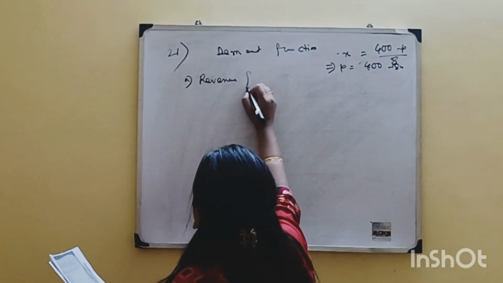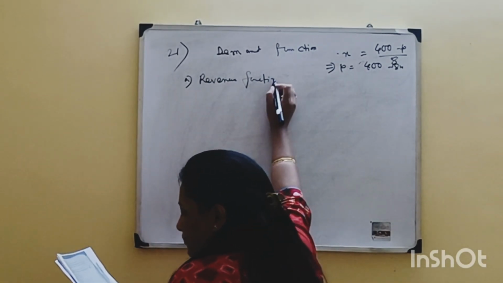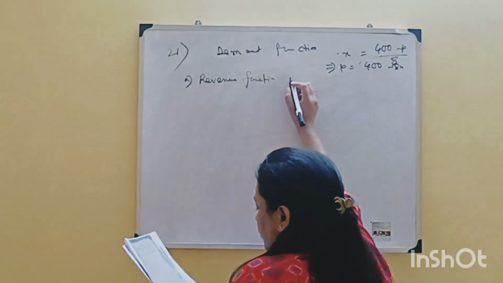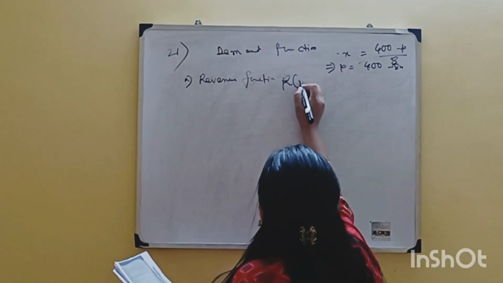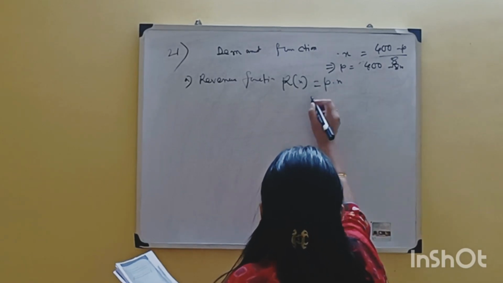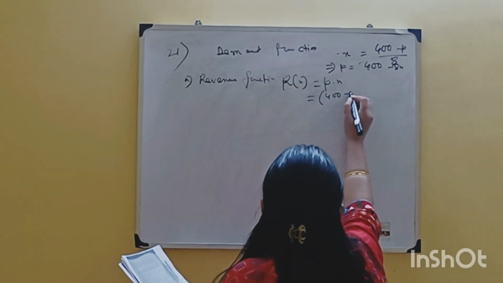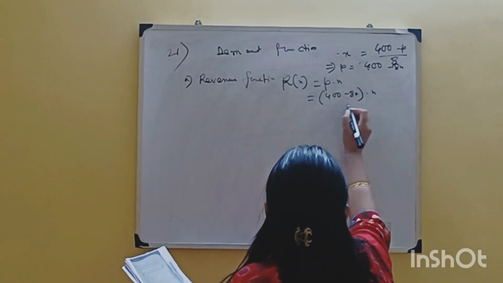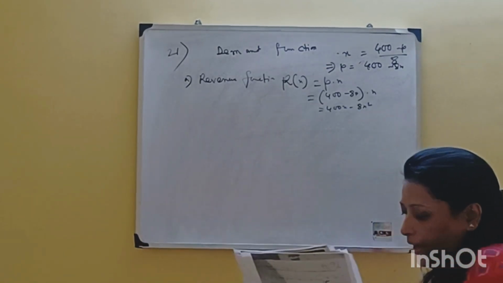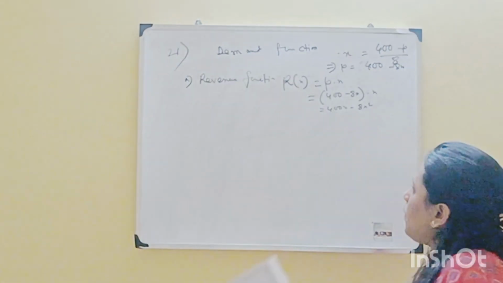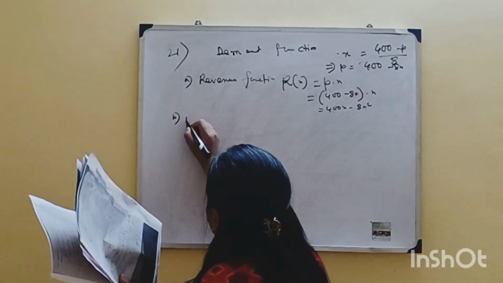So first one is the revenue function. Revenue function Rx equals p into x. So 400 minus 8x into x, which is 400x minus 8x squared. Okay. Now we have to calculate the profit function.